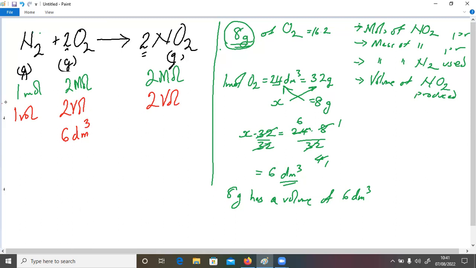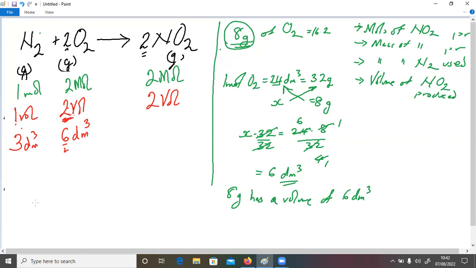So what is the volume of nitrogen that I react? The ratio of oxygen to nitrogen is 2 to 1. How do I get 1 from these two? I divide by 2. So I need to divide this 6 by 2, and the answer would be 3 dm cubed.